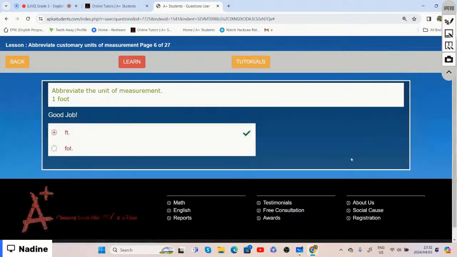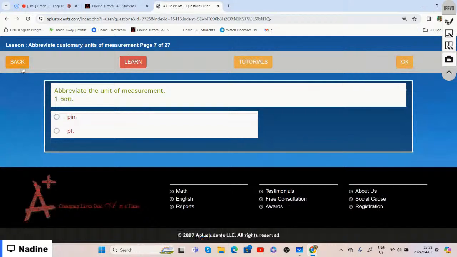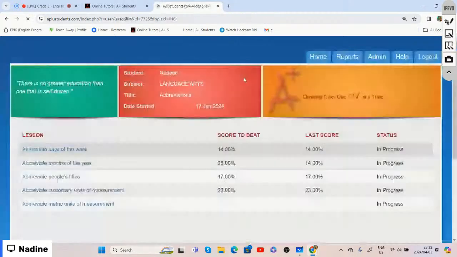So well done. FT is correct, right? So we said that customary units of measurements are also shortened versions of those specific words, and they can be used either for recipes or for measurements. That is the units of measurements.